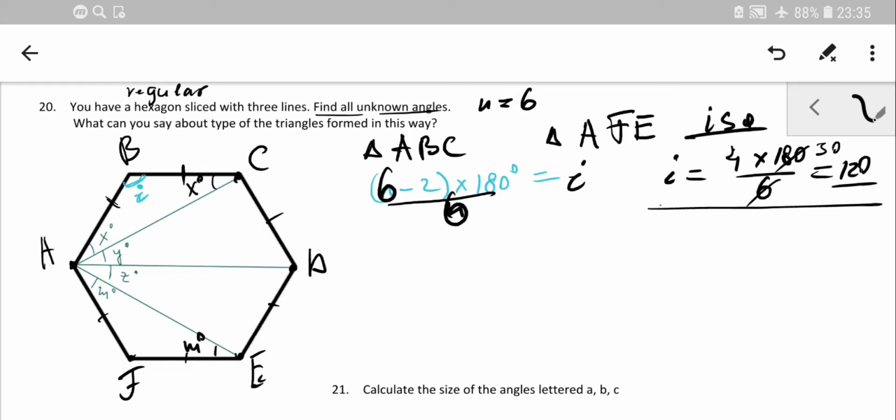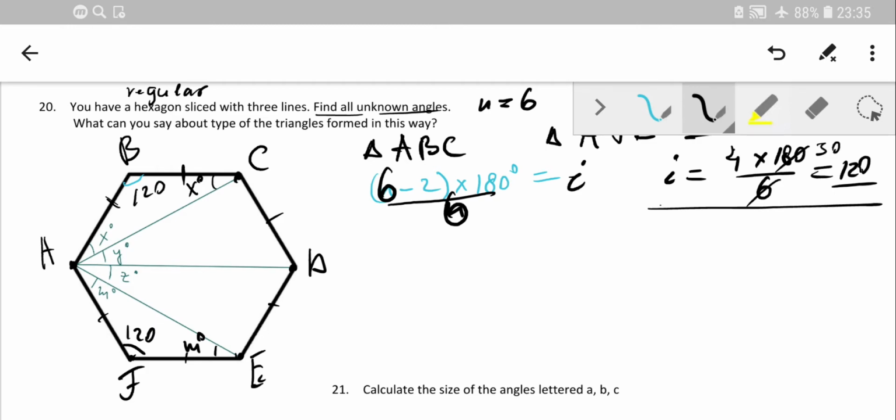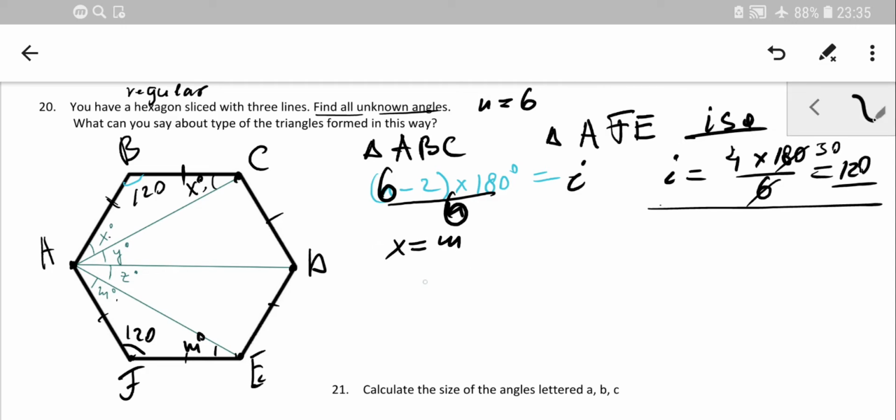So let's see next. Okay, we have I equals 120, so instead of I we simply put 120 here, and also 120 will be there. So it looks like all x's and all m's are the same. First of all, we can state that x equals m. Obviously the triangles are congruent because they're the same.